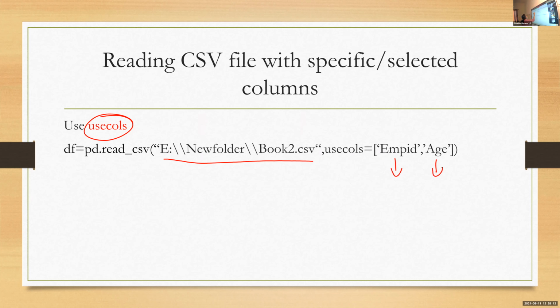In my file, the columns are EMP-ID, name, age, salary. These are the columns under this book2.csv. You just consider book2.csv includes the column headings EMP-ID, name, age, and salary. I want to display only EMP-ID and age.